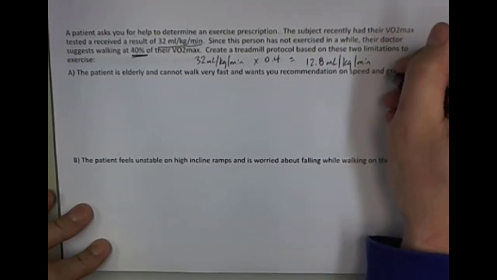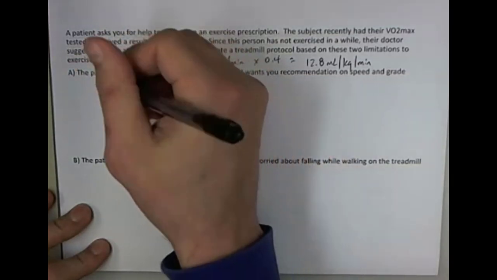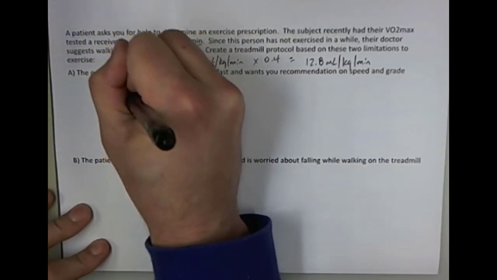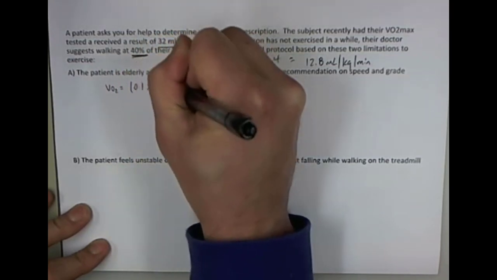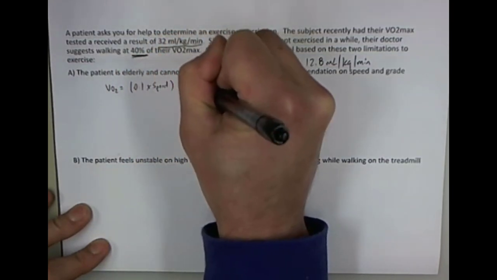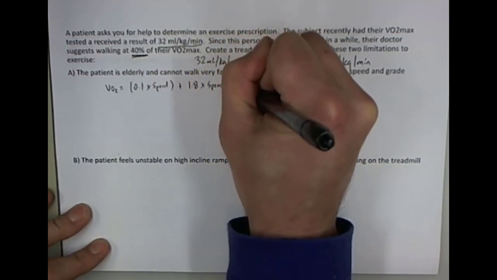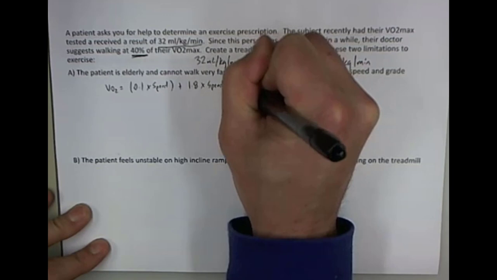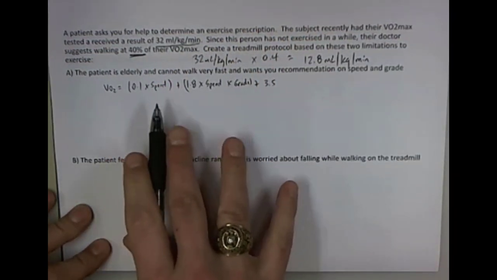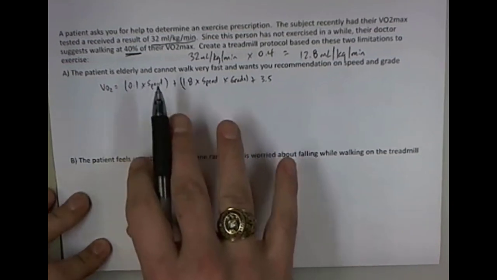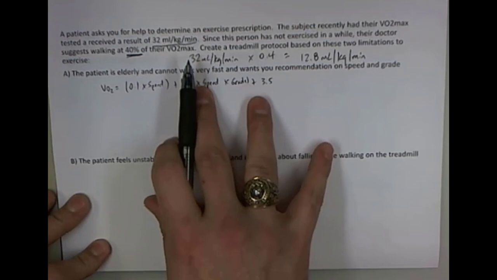When we look at our equation of VO2 equals 0.1 times speed plus 1.8 times speed times grade plus 3.5, we're going to be able to pick and choose. We have two variables, speed and grade, and in this case we're going to pick a speed and solve for grade.